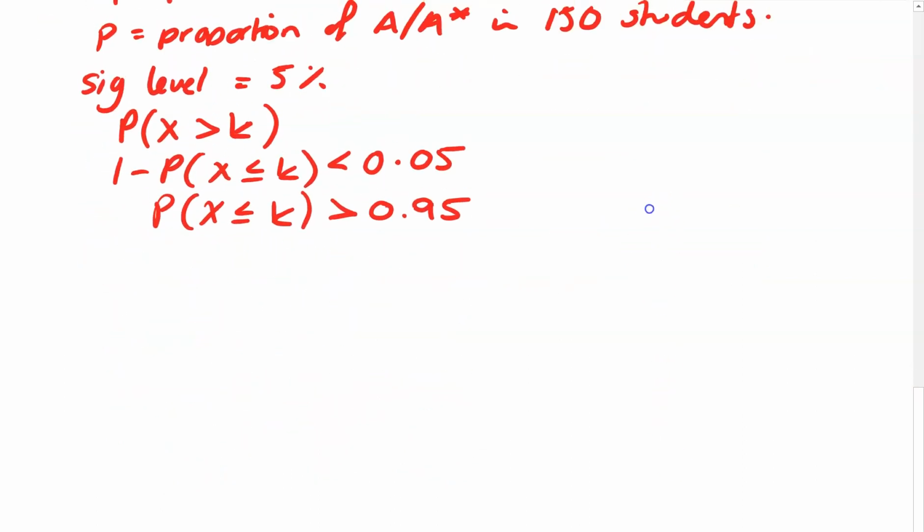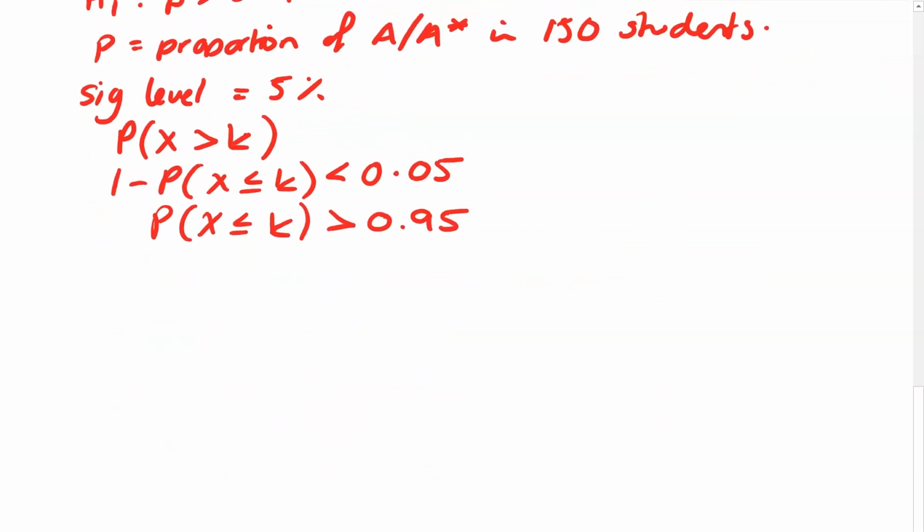And again, we're going to go to our calculator. If 40% generally get A stars, 40% of 150 is 60. So we would expect it to be 60, so we're going to want to go for more than 60.